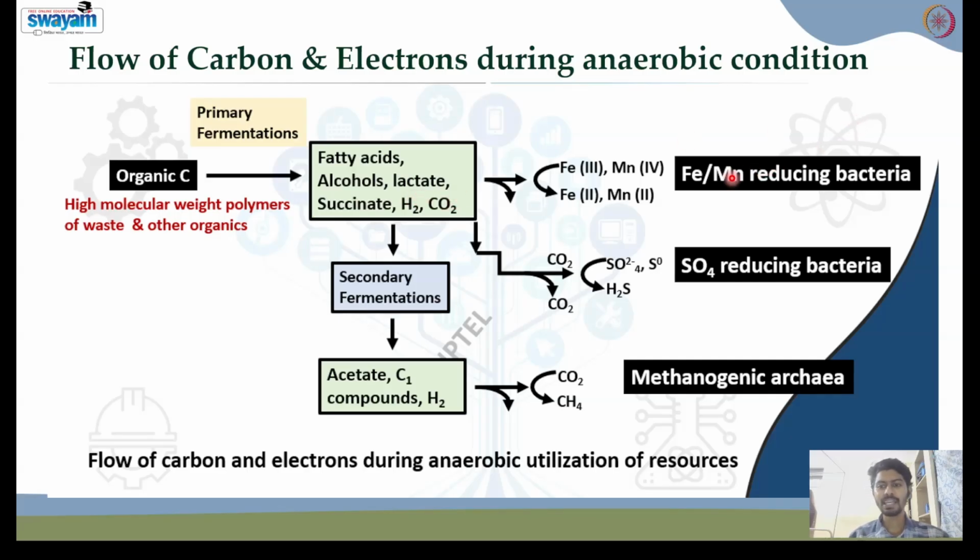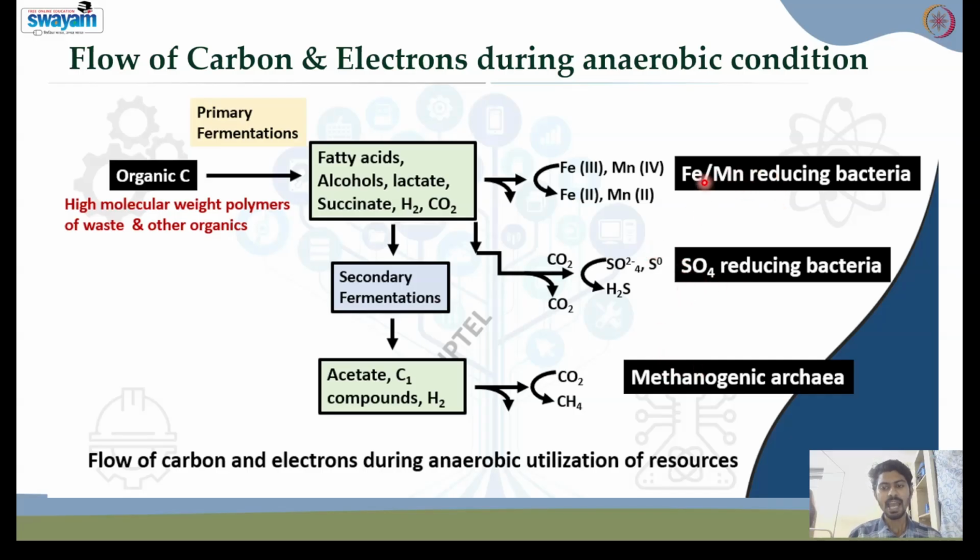So iron or manganese reducing bacteria will use these fatty acids, alcohols and lactate to produce secondary metabolites, which are acetate and H2. So at last the intermediate products, with the help of methanogenic archaea, will be converted into CH4. So from this we could understand it is not one organism, it is two or more organisms.